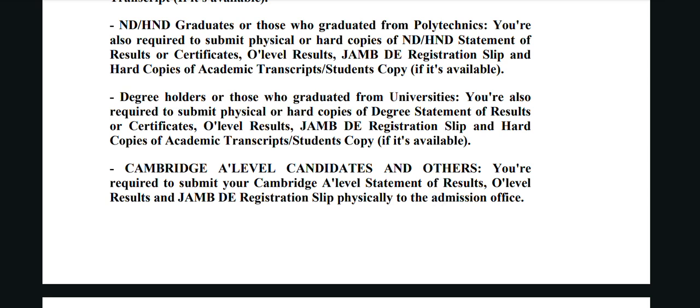They are going to give it to a courier service or logistics company or a dispatch to deliver it to UI admission office. Once it gets to that place, they will know where it is coming from, and that it's on behalf of this particular person. And because you might have submitted other documents like your statement of results, O-level results, and JAMB registration slip to the admission office already, when that transcript gets to them, it's not going to be a strange document to them.